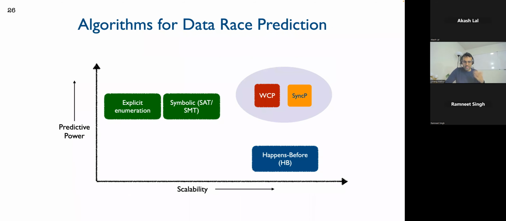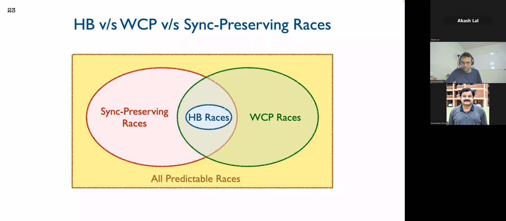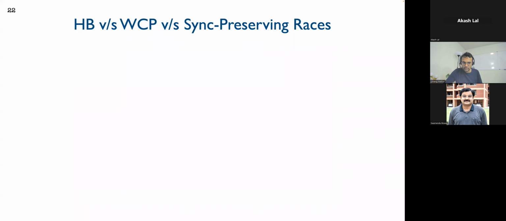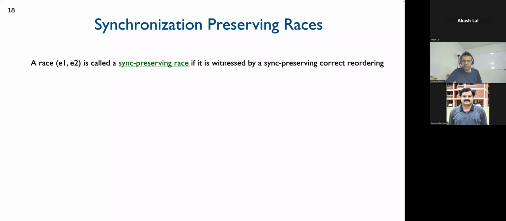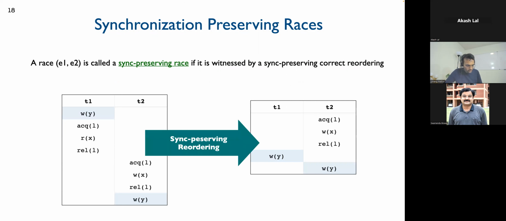Okay, so, sorry, Umang, could you please re-explain the benefit that I get from sync preserving races compared to WCP, given that sync preserving is not a superset? In the sense of data race coverage, I understand that this was an example where sync preserving could expose the race where WCP was ordering it.